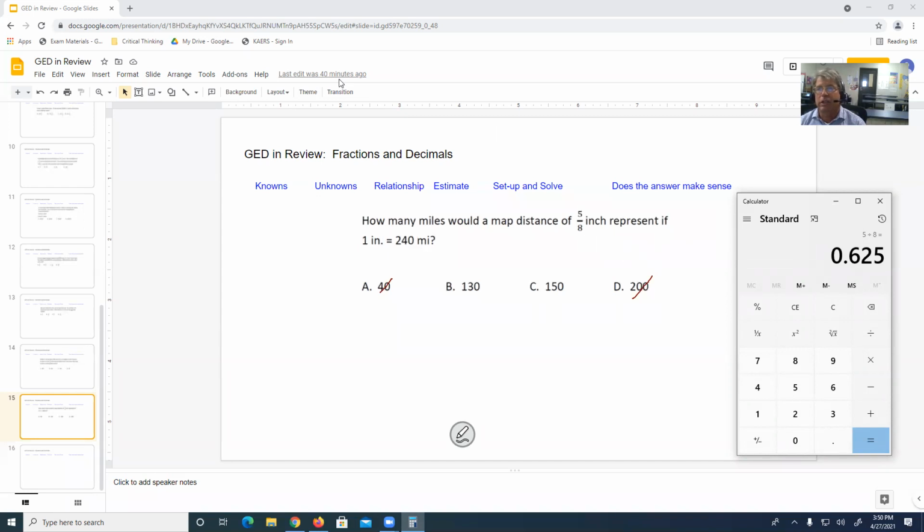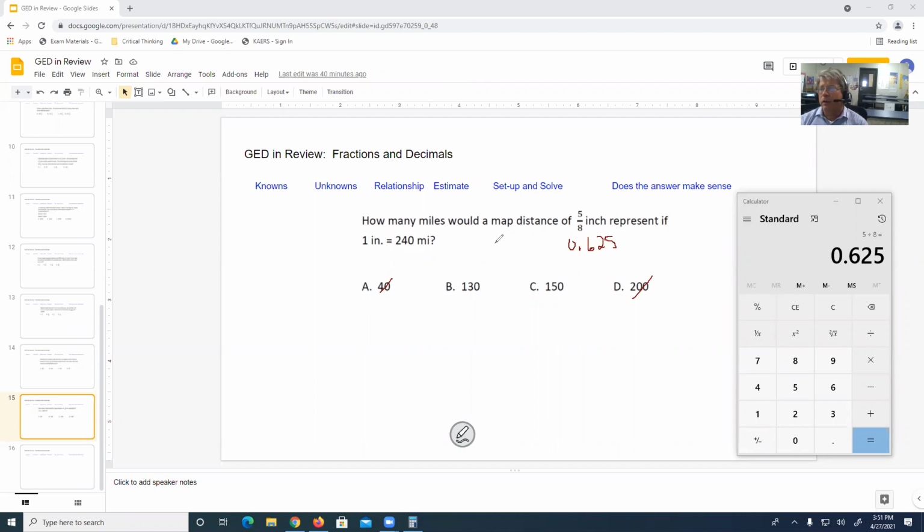Now, if you got the GED calculator, you got a special button to do all that with. So this is really the same thing as 0.625. Oops, that don't look right. So we have 0.625.